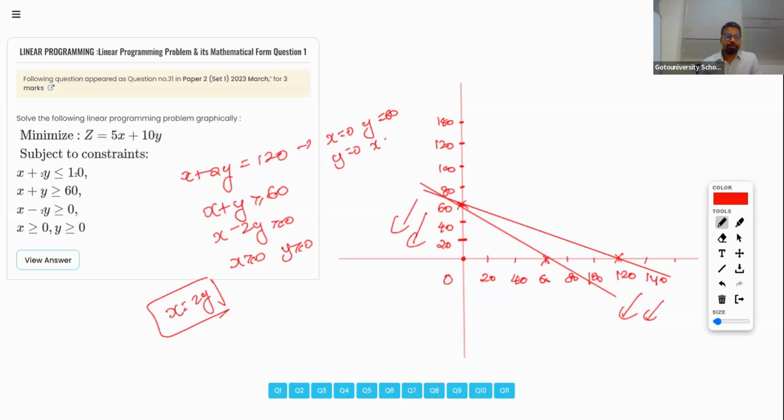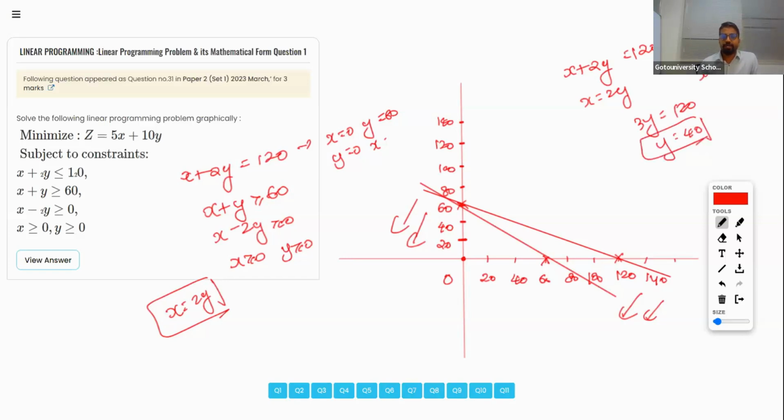So if you want to know where it cuts this line, we can substitute into x plus 2y equal to 120. If x is equal to 2y, then 3y is equal to 120, so y will be equal to 40. Then x is equal to 80.